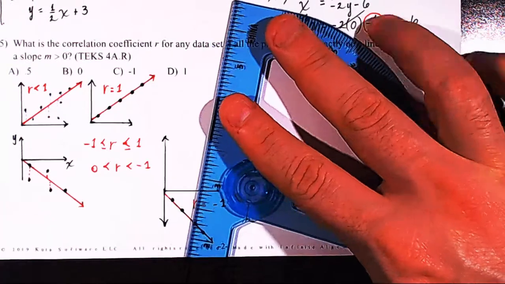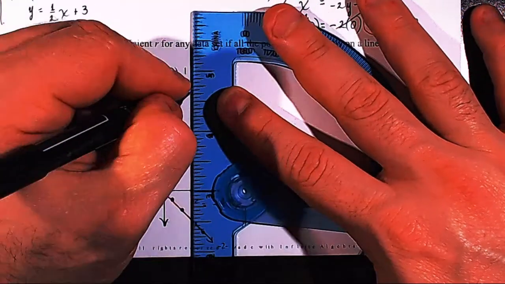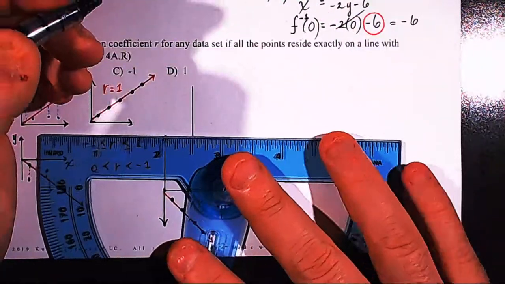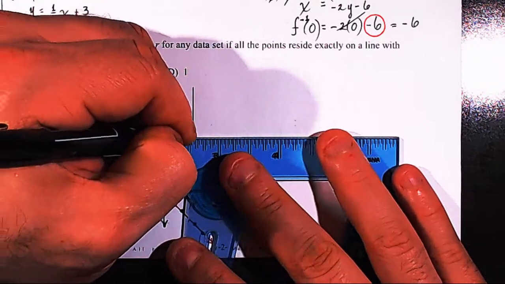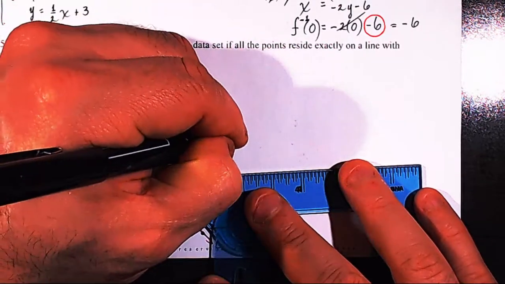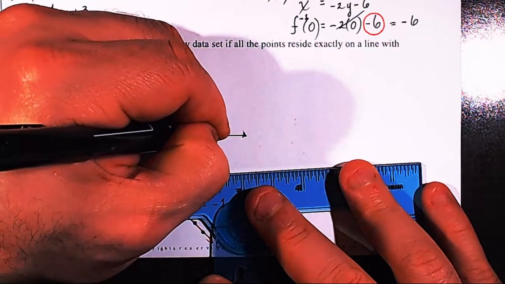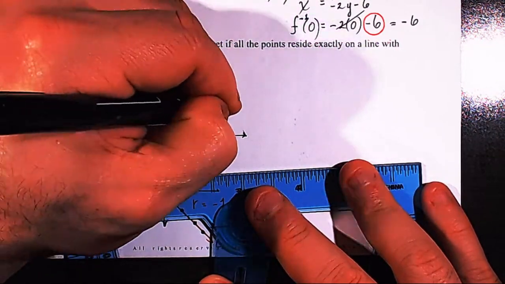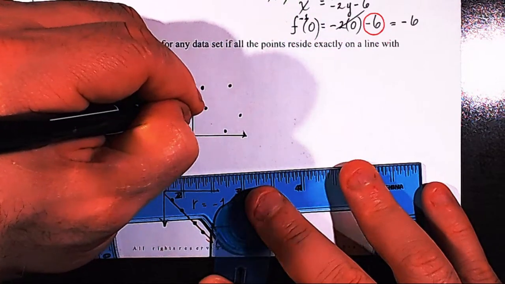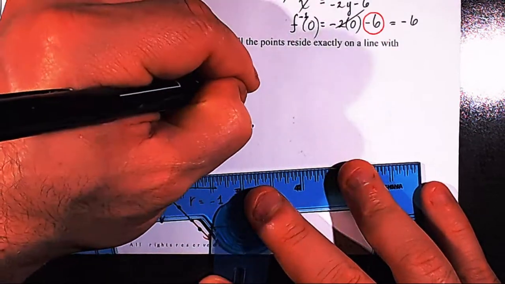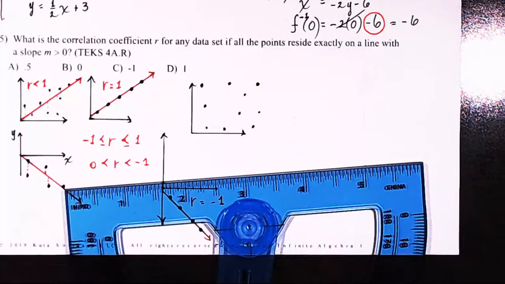And then just to finish it all out, here's a graph. We've got data points all over the place, as scattered as you can make them.